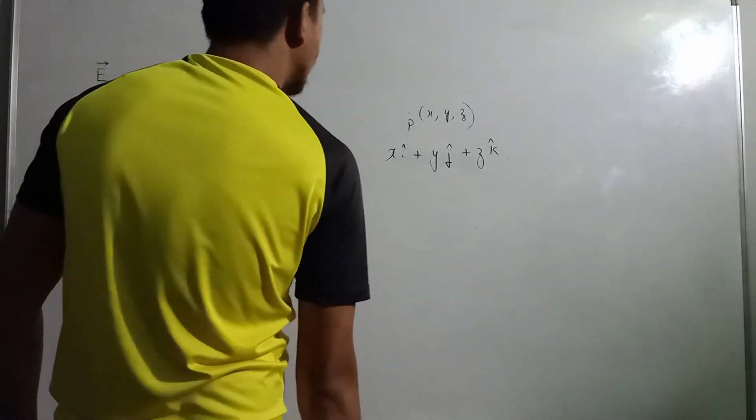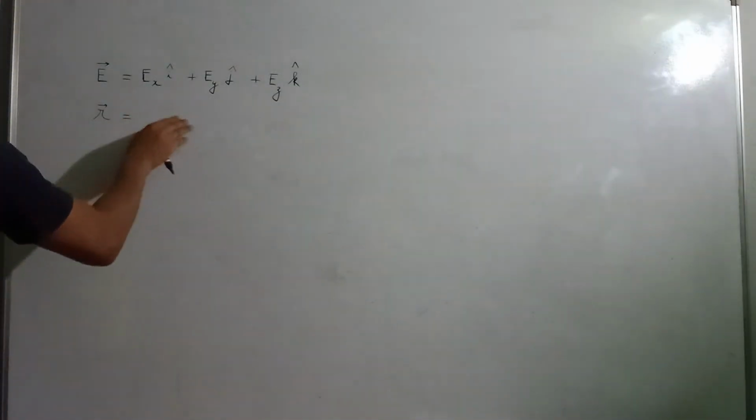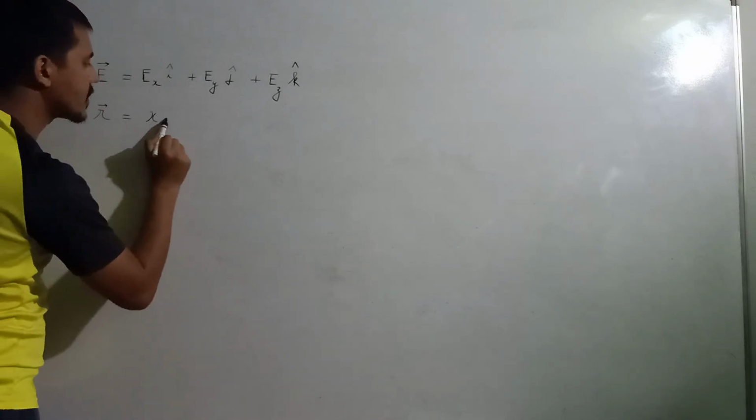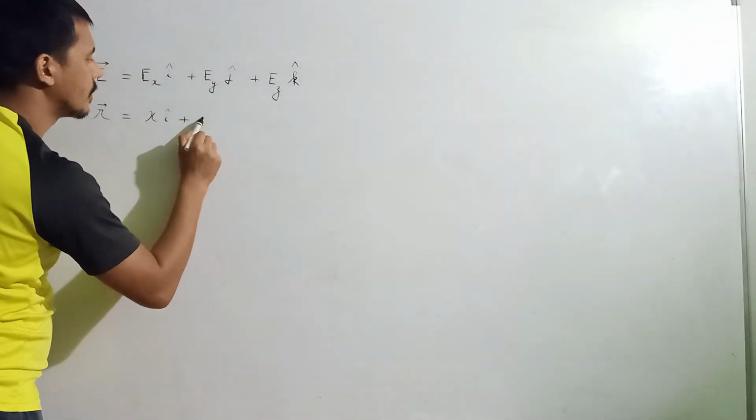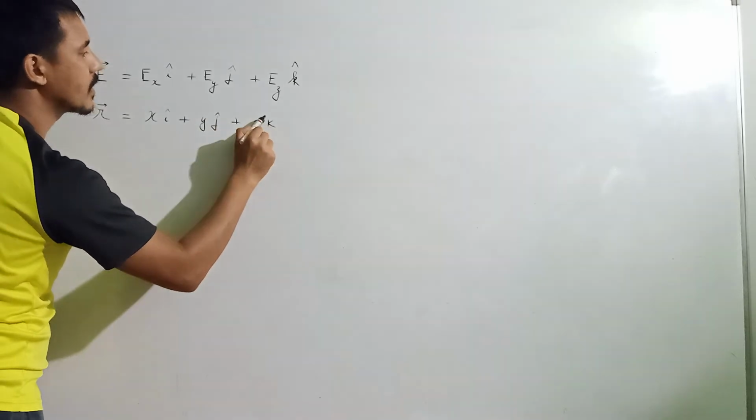Tomorrow in maths we are going to study vectors, we'll discuss all those things. So let the position vector of r be x i cap plus y j cap plus z k cap.